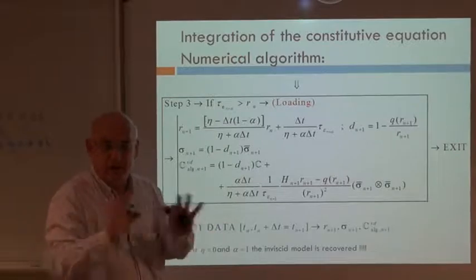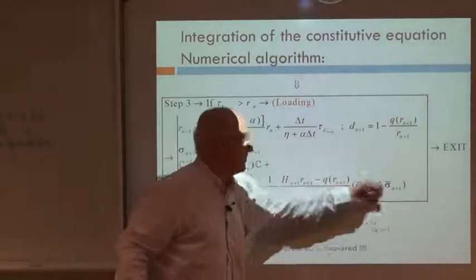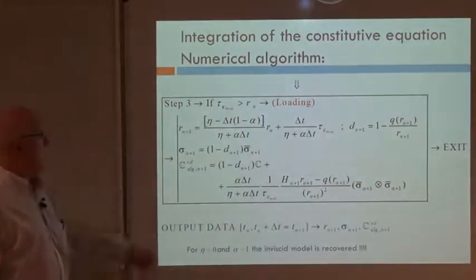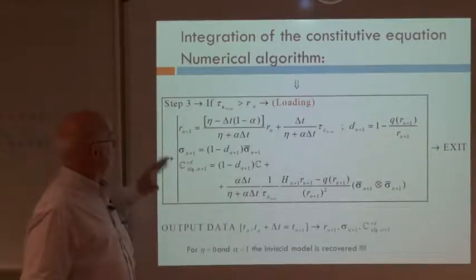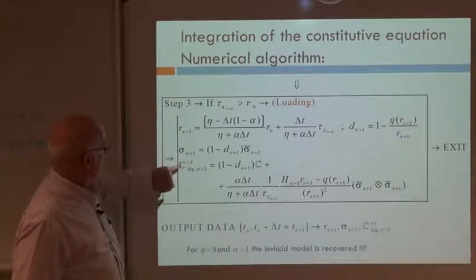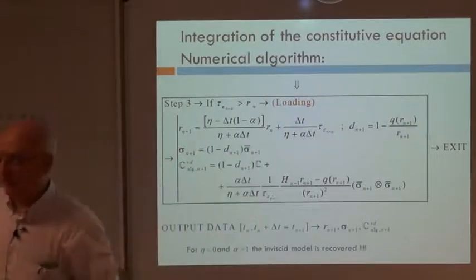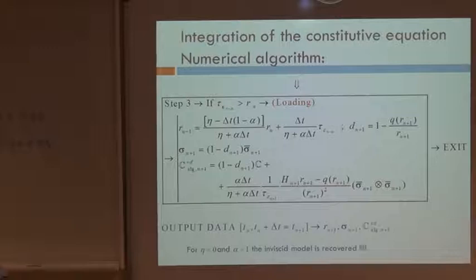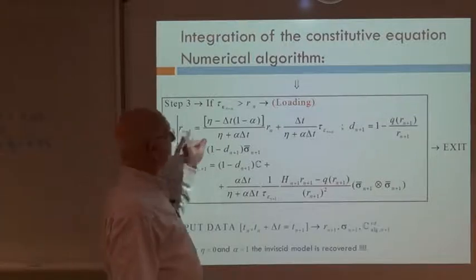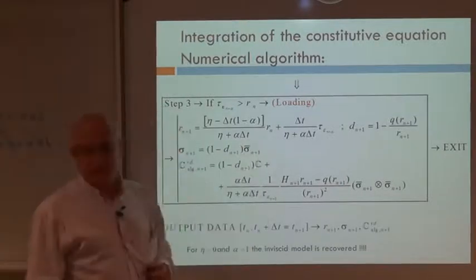Conceptually, it's trivial, and this product here. Then I take these stresses, this C and this r, and exit the routine and go to the other part of the program where I'm going to use the stresses and the algorithmic tangent constitutive operator.